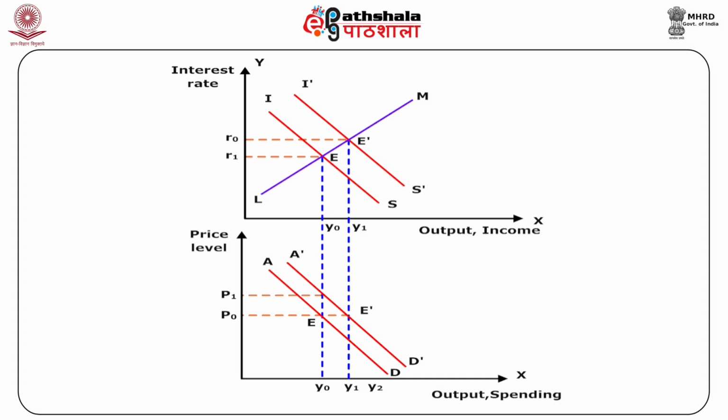When the aggregate demand function shifts to the right, it becomes A prime D prime, and the new equilibrium is established at E prime.